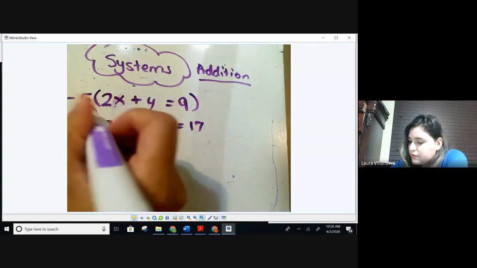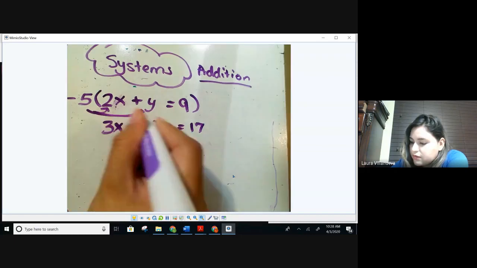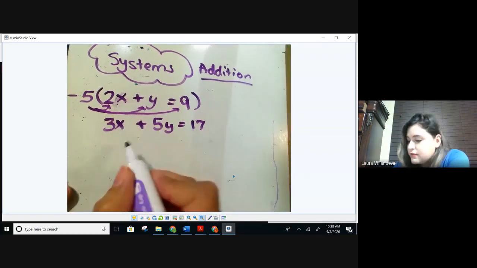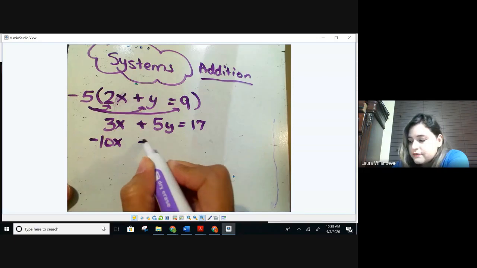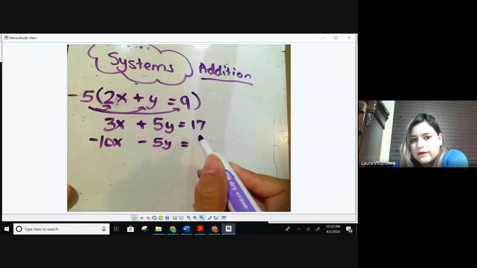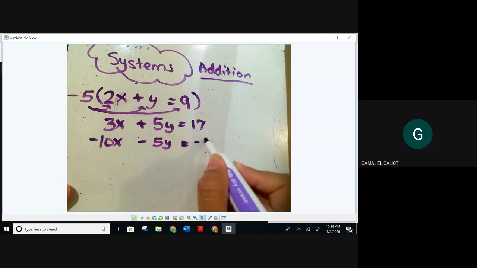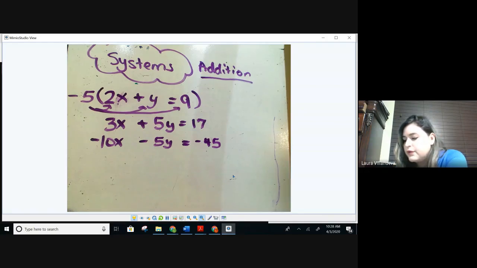So then I'm going to go ahead and multiply. Remember that you're going to have to multiply times everything, not just times that number. So this is negative 10x minus 5y equals 5 times 9 is negative 45. Okay?